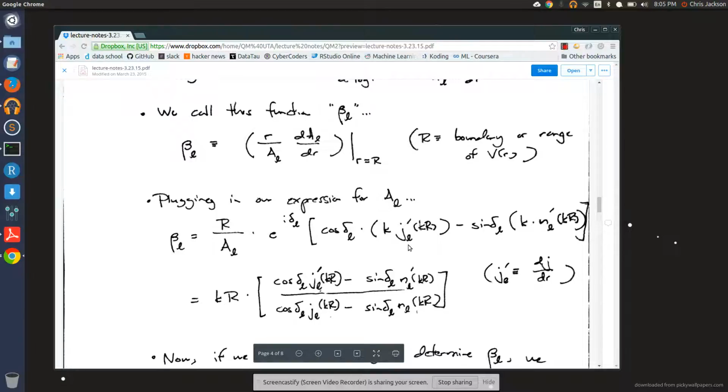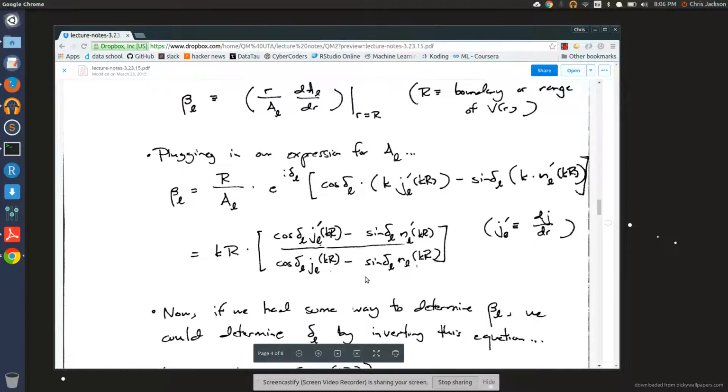And then I have this factor of a_l down here, so I'm going to write it in terms of its expression in cosines and sines. On top we have the derivative term, and down here we have a_l, with some common factor k times big R, where big R is the range of our potential.